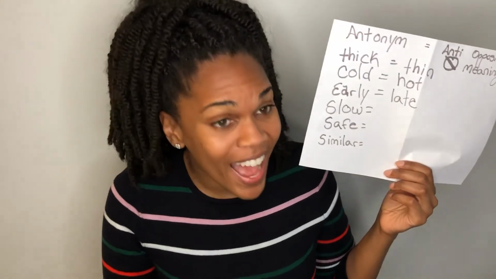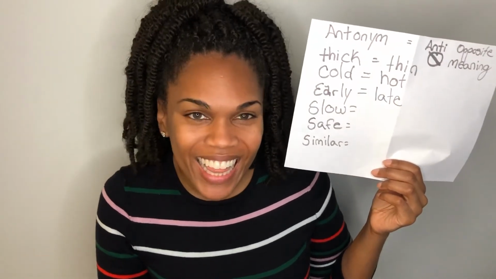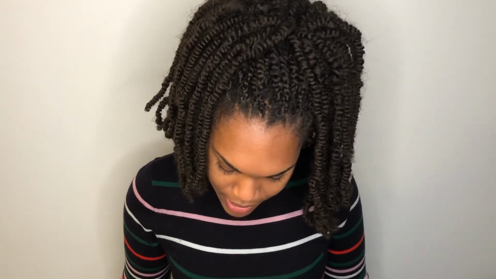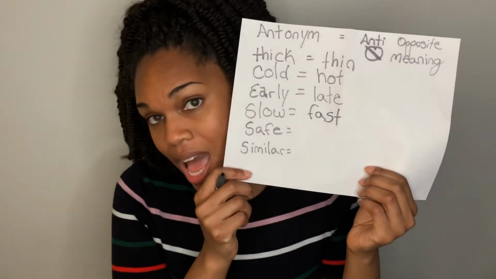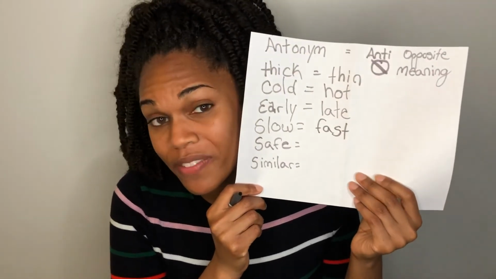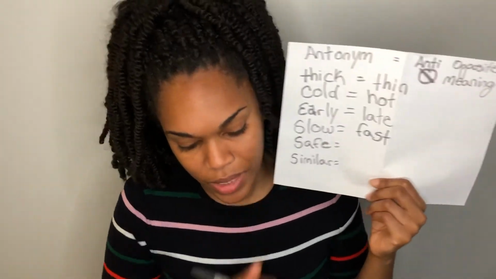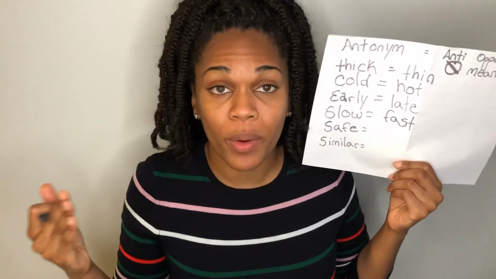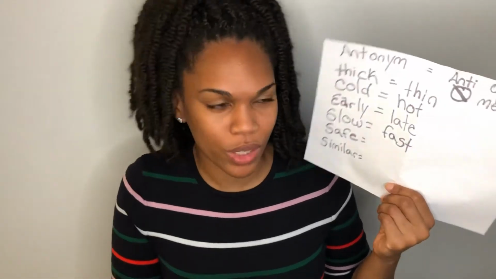If you said fast or quickly, then you're right. So let's write it down. F-A-S-T. The word is fast. You're going to need to move pretty fast if you're going to outrun that dog. Again, think about things that are happening in your everyday life that will help you to find the opposite words.